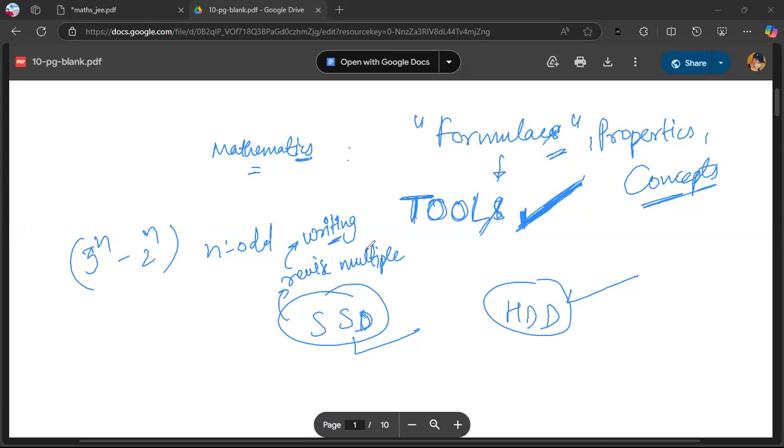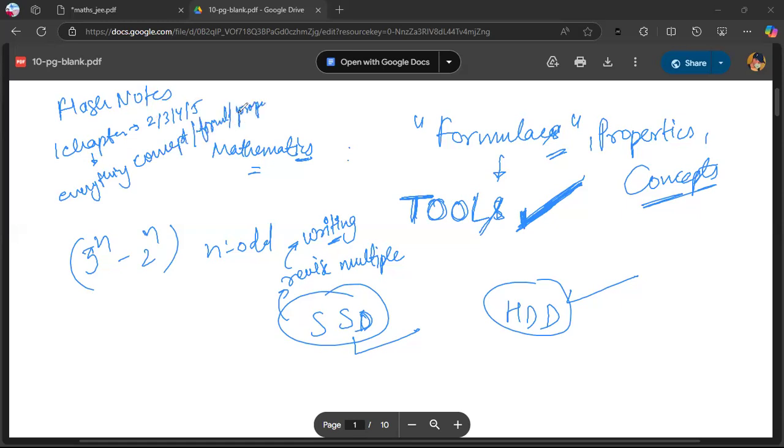Please make a short notebook, like I call it flash notes, and you may call it anything. The concept is that one chapter is covered in 2, 3, 4, or hardly 5 pages if the chapter is big. All important, not important, every concept, every formula, every property will be written in these chapter notes, except examples.